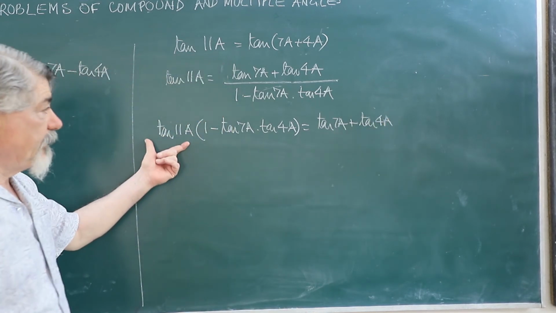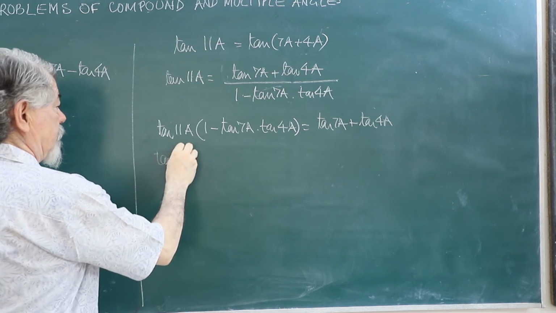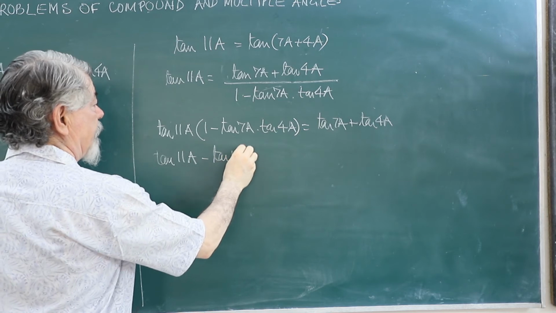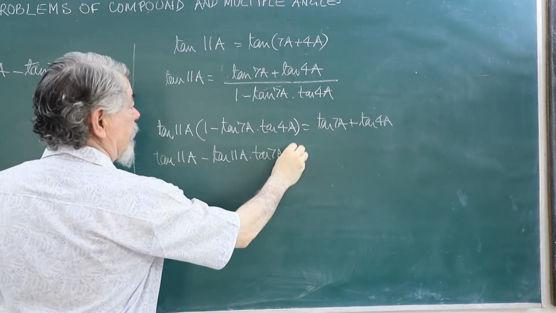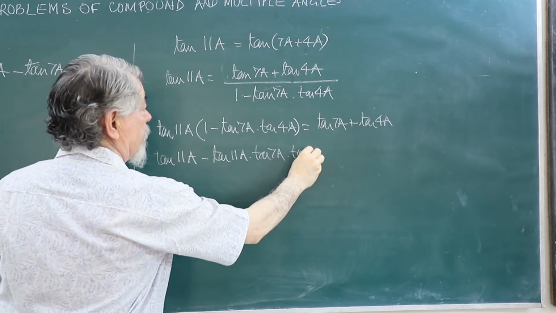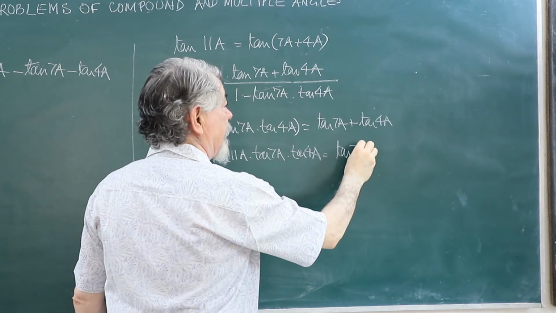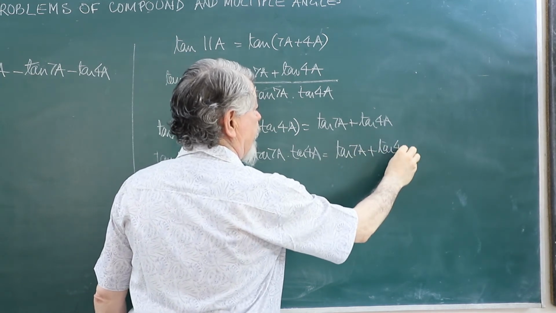When I multiply these two, I'll get tan 11A minus tan 11A tan 7A tan 4A will be equal to tan 7A plus tan 4A.